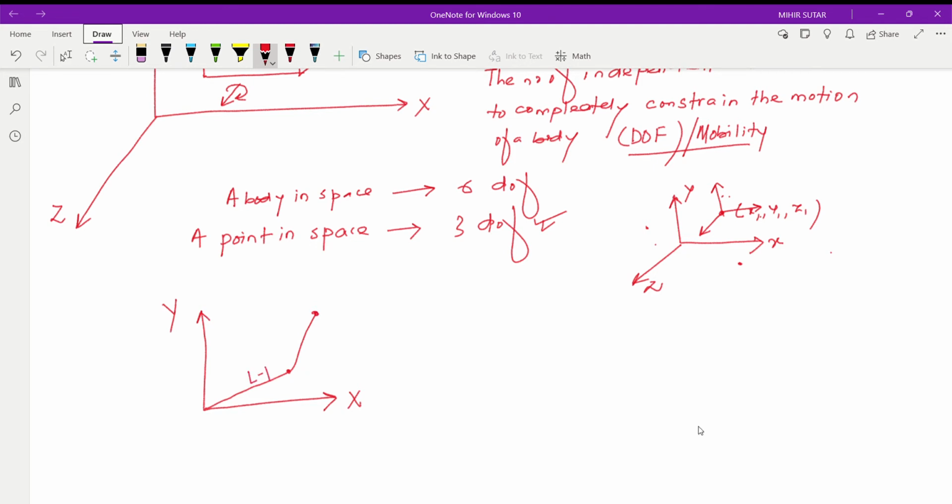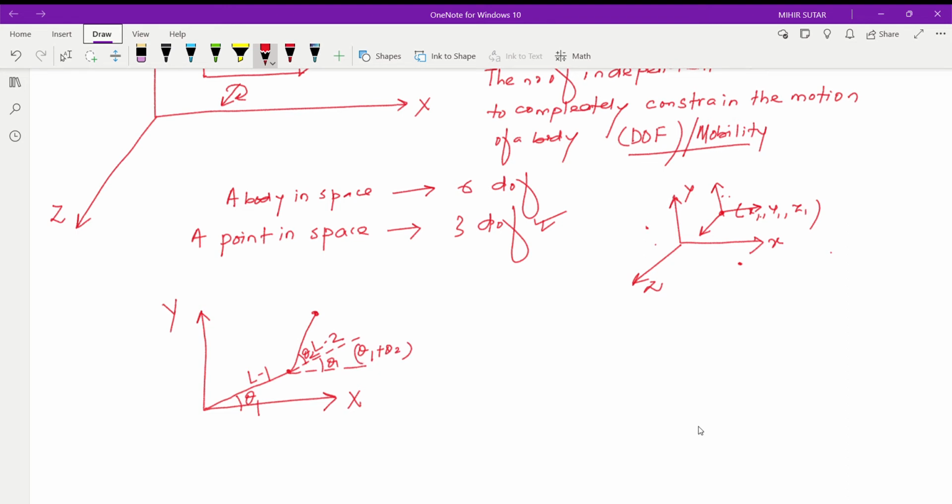Link 1 is at an angle theta 1 with x, and link 2 is at an angle theta 2 with link 1. That means it is at an angle in total of theta 1 plus theta 2 with the x coordinate.